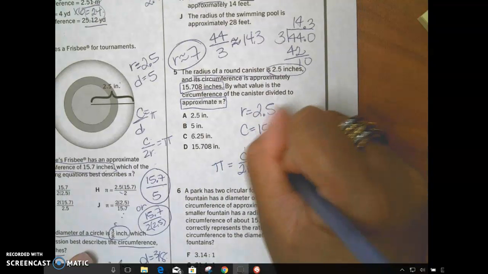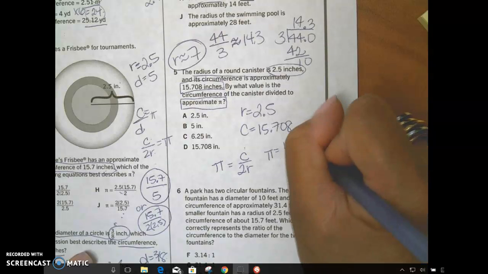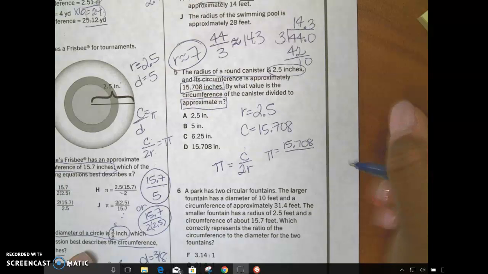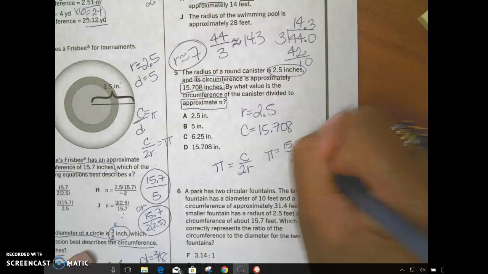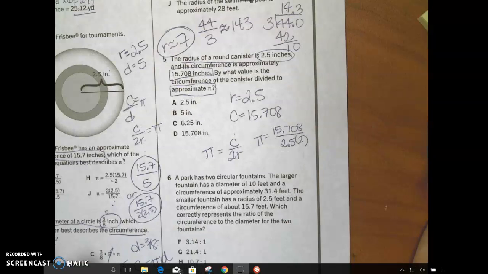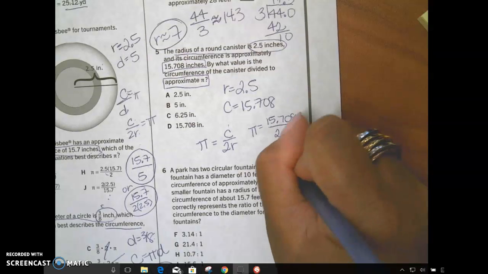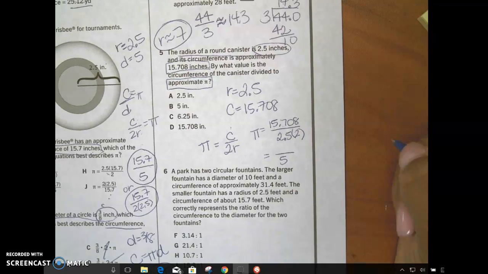So pi is equal to 15 point 708, all divided by 2.5 times 2. What's 2.5 times 2? 5.